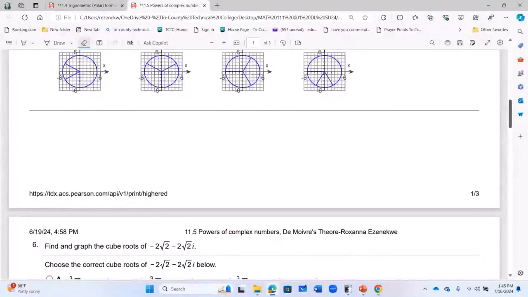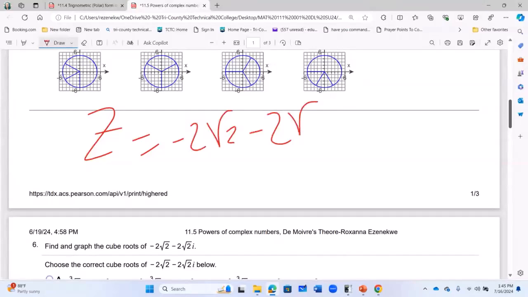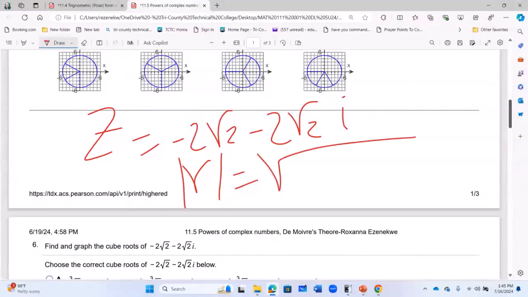So we have z is equal to negative 2 root 2 minus 2 root 2 I. Okay, and the first thing I want to find out is the modulus. So modulus is equal to the square root of the real part, negative 2 root 2 squared, plus negative 2 root 2 squared.